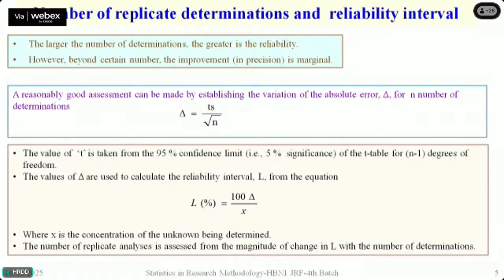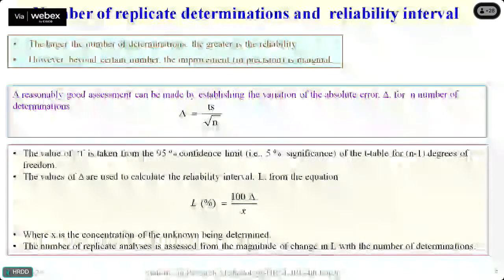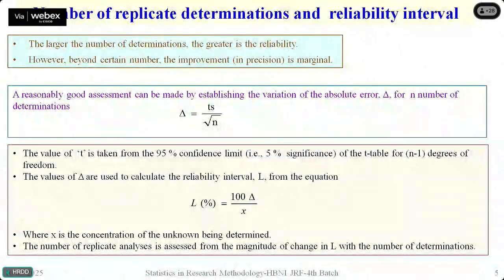T value we know how to calculate and how to compare it with the T critical table that we have learned in the previous one also. Now, depending on the level of that parameter, whether it is improving or decreasing the quality of the data, that is finally affirmed via this term called the reliability interval.